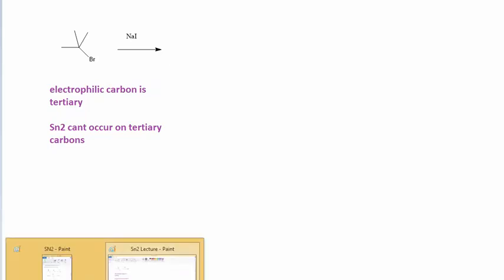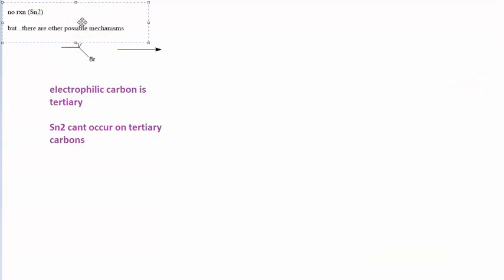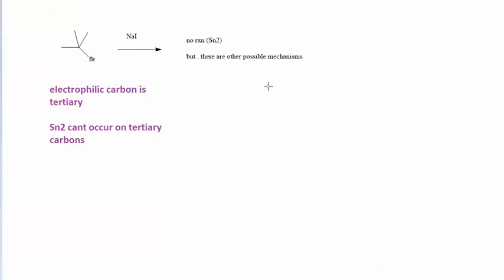And now you know, because of the bonding argument, that Sn2 can't occur on tertiary carbons. It can occur very quickly on primary carbons. It could occur on secondary carbons more slowly, but it cannot occur on a tertiary carbon. So this will be no reaction through an Sn2 pathway, but there are other possible mechanisms that this can undergo, which we're not going to talk about in this video.